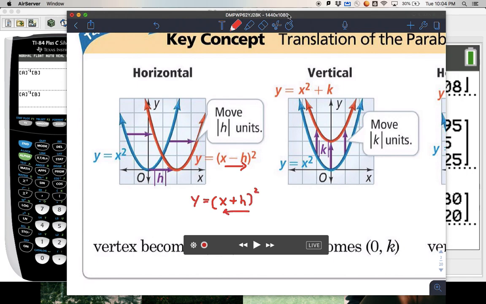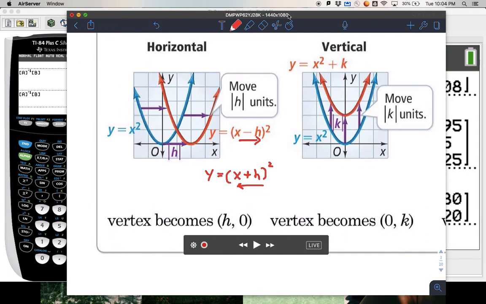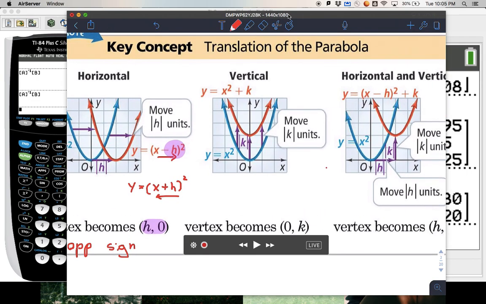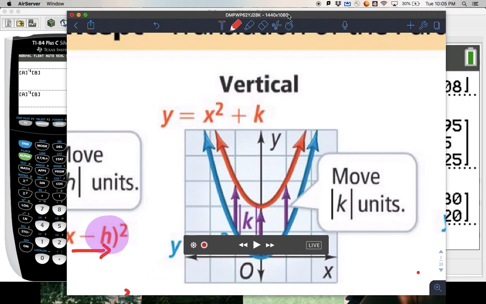And it doesn't matter what h is. Notice here, if you have minus h right there, the vertex is h comma 0, which basically means the opposite sign. Okay. What about here with this one? Oh yeah, so when you've got a plus number outside of the parentheses, if you don't have parentheses, they're implied to be there.